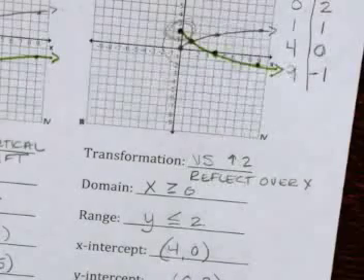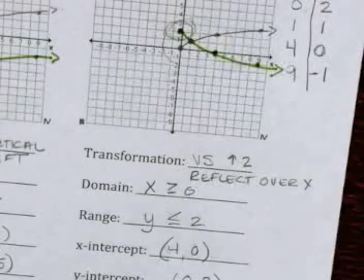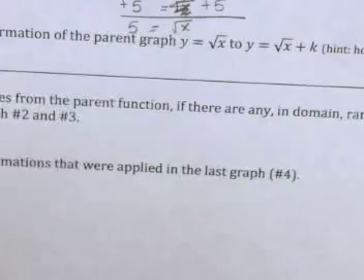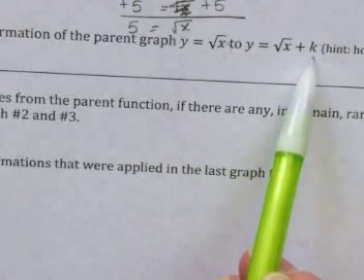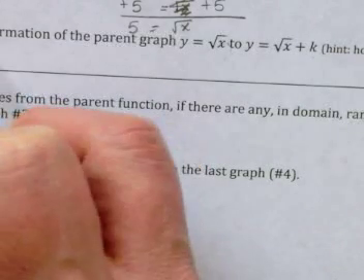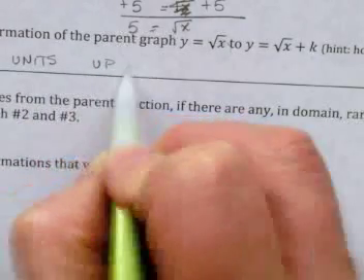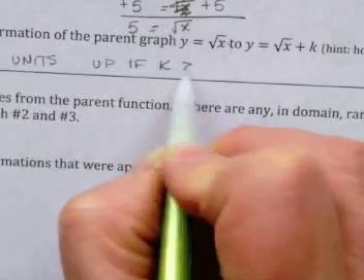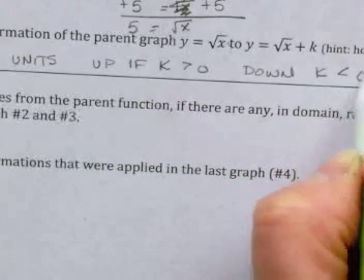Another way I could find those intercepts would be to plug in 0 for y and find what x is, or plug in 0 for x and find what y is. So let's make our generalizations here. The transformation of the parent graph from the square root of x to the square root of x plus k is a shift k units, and that's up if k is greater than 0, or down if k is less than 0.